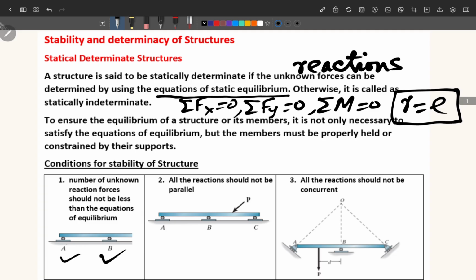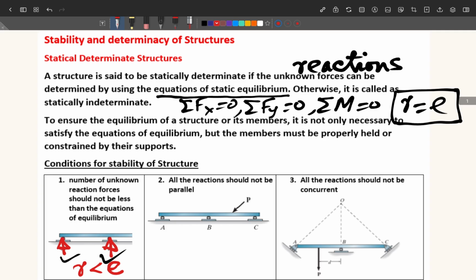Every roller support gives one reaction, so the total reactions are 2. And how many equations for a rigid body? We have 3 equations. So R is less than E. In such a case, when the reactions are less than the number of equations of equilibrium, we get an unstable structure.